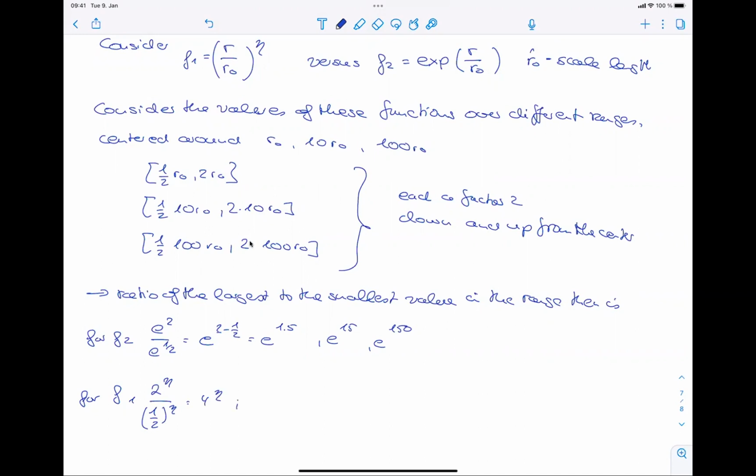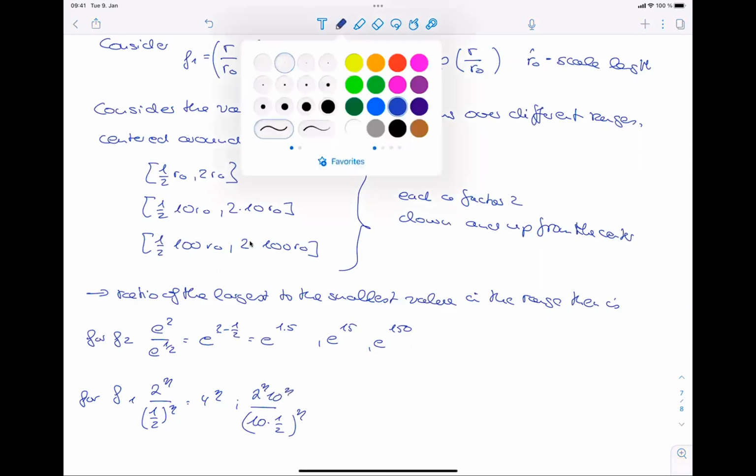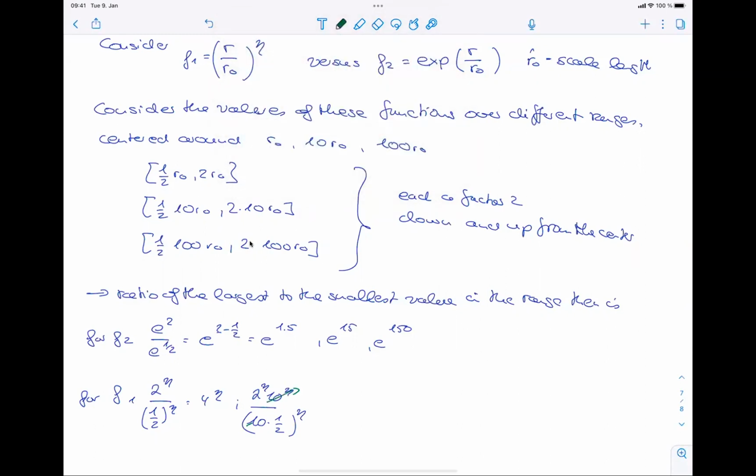But if I do this for the second range, then I have 20 to the power of eta and 10 times a half to the power of eta, and let me rewrite this: 2 to the power of eta, 10 to the power of eta, and you see that these cancel out, and I arrive again at 4 to the eta.